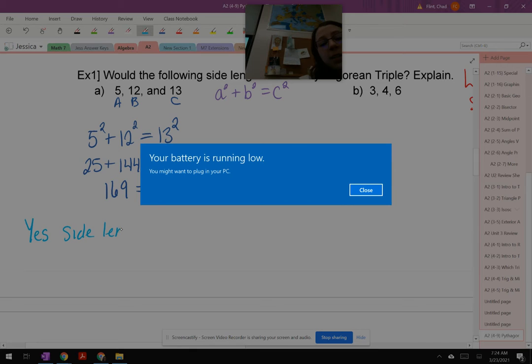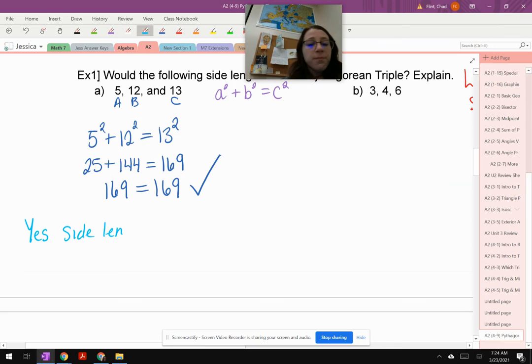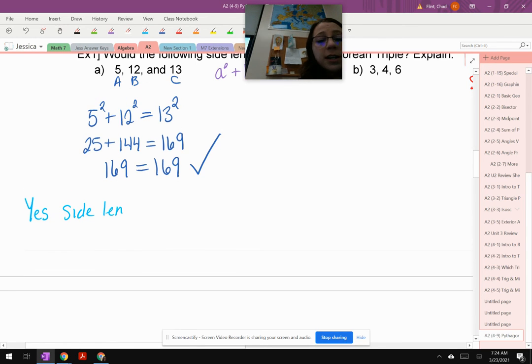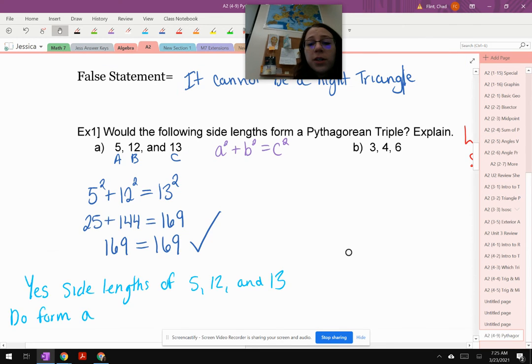Yes, side lengths of 5, 12, and 13 do form a right triangle. Well, technically the question is asking me, do they form a Pythagorean triple?